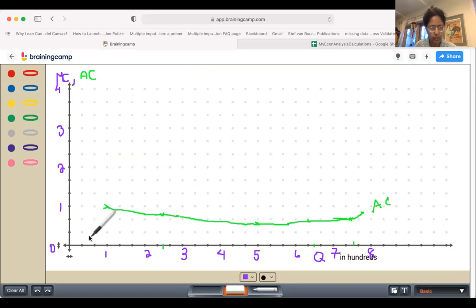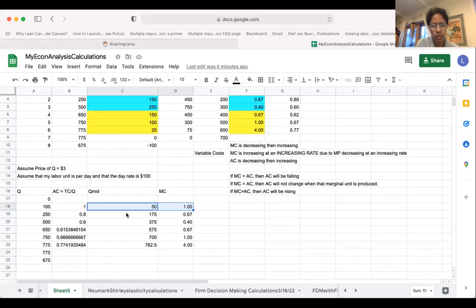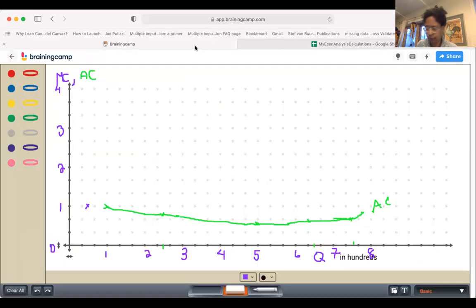It's $1.50 here. That's the start of my MC curve. And then let's go 175 and 0.67. 175. Somewhere maybe around here. 0.67 is about here.